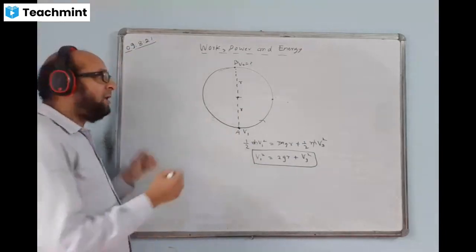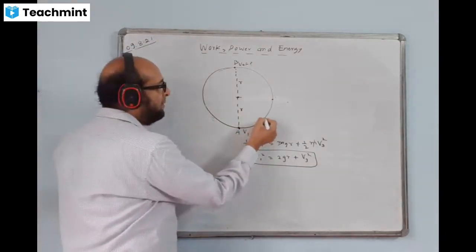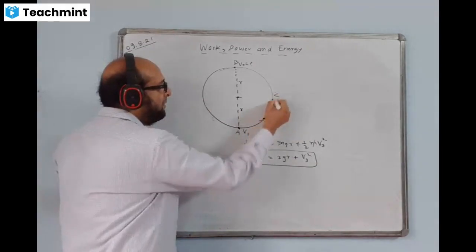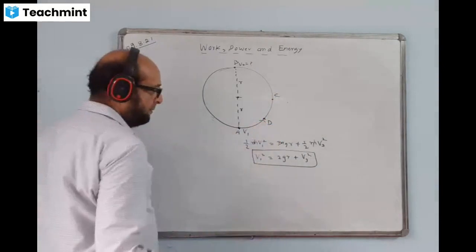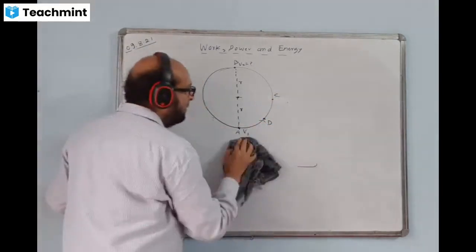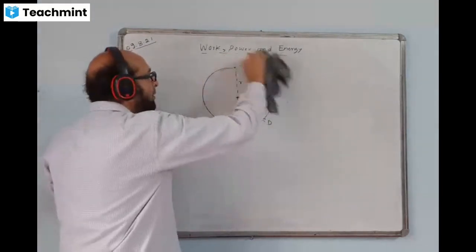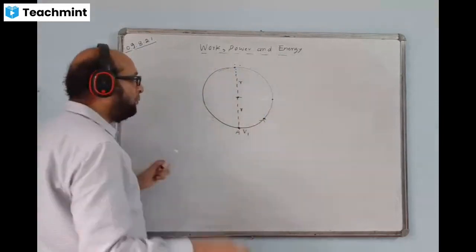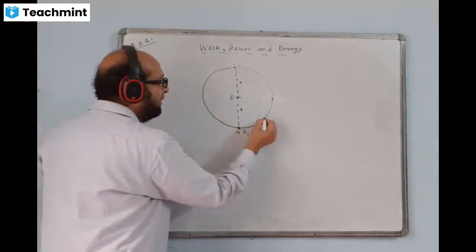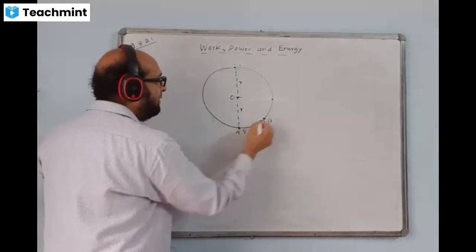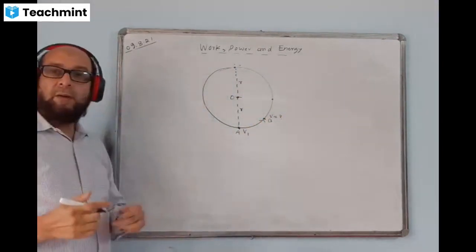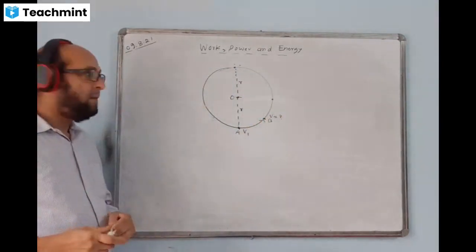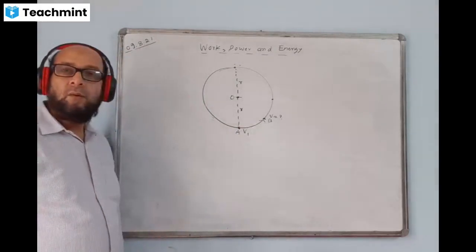Now suppose the body is somewhere there, maybe at another point D over here. How do we find the speed? Let us consider 2 points only. This is the center, and here the body is at B. V1 is known; how do we find the value of V2 here?